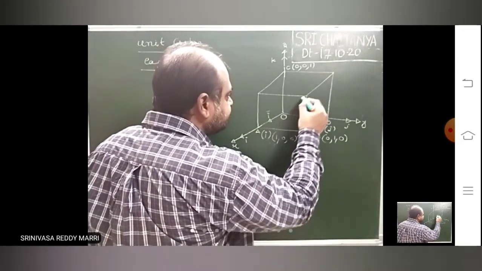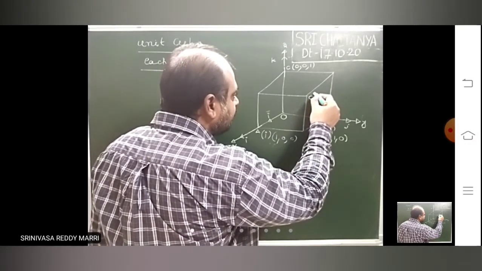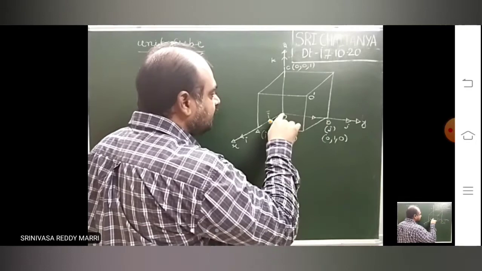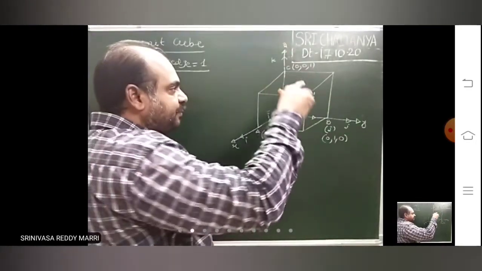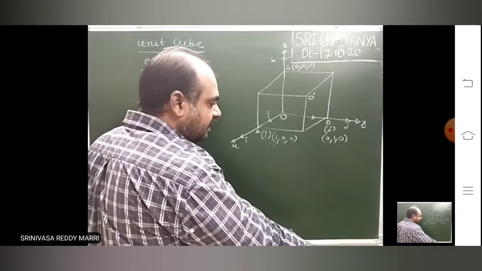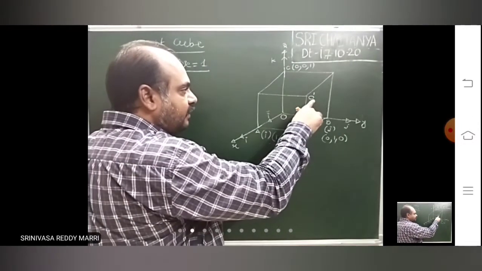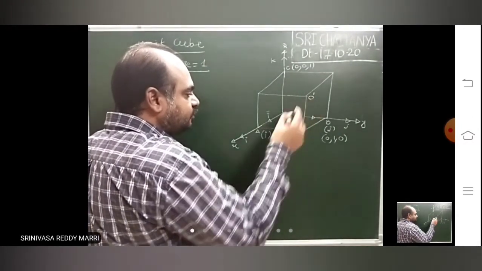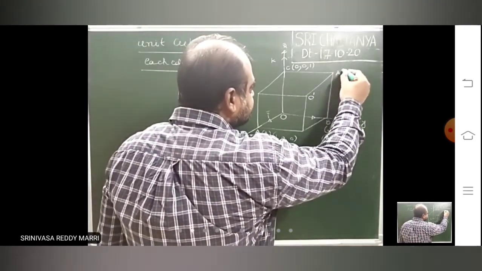Now this is O, and this is O dash. This is a diagonal of the cube. O is the ground floor, and the topmost point opposite to it is O dash. You take one corner on the ground floor, and the opposite point on the top face is O dash. This is one diagonal of the cube. This is A and this is A dash, another diagonal.